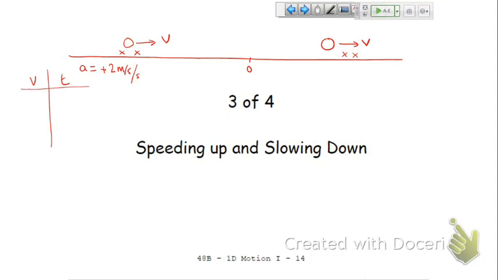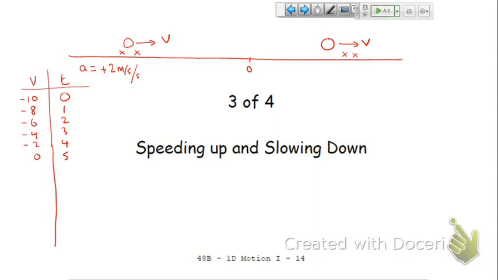That's what that literally means. Let's say at time t equals 0 I'm at minus 10 meters per second. At 1 second I add 2 on, minus 8. At 2 seconds, minus 6. At 3 seconds, minus 4. At 4 seconds, minus 2. At 5 seconds, 0.